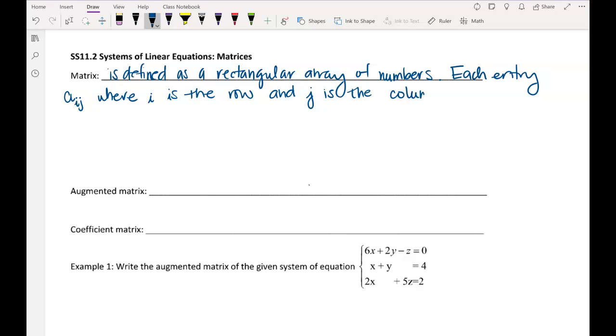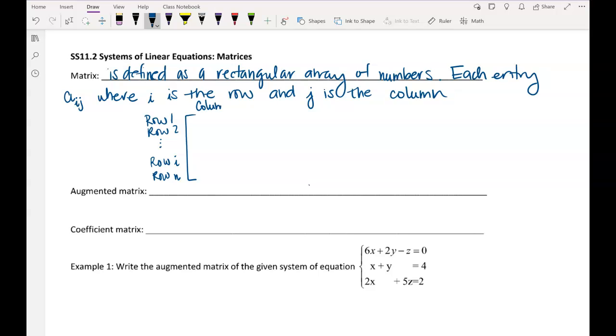So an example would be, we're going to have row 1, row 2, skip a few, row I, and the last row, since we don't know where we're ending, let's call it N. So the I represents the row, and the J is going to be the column.